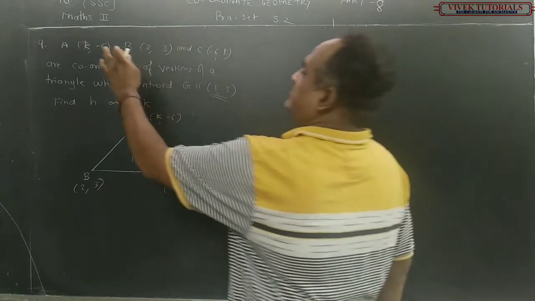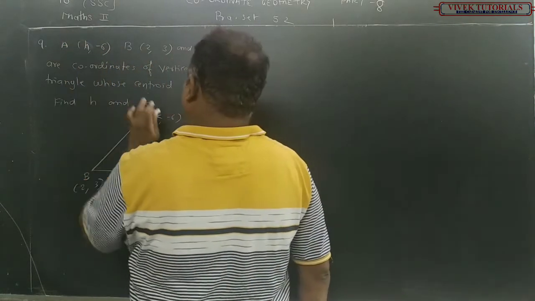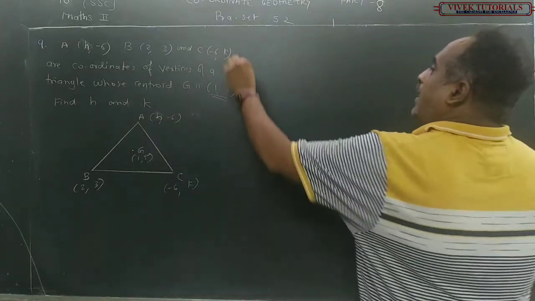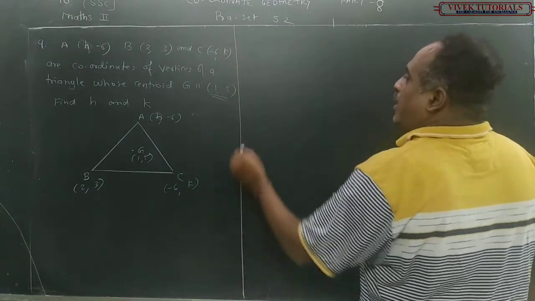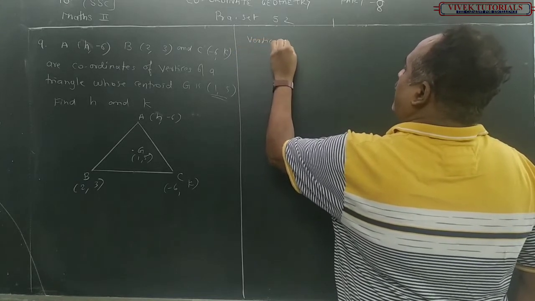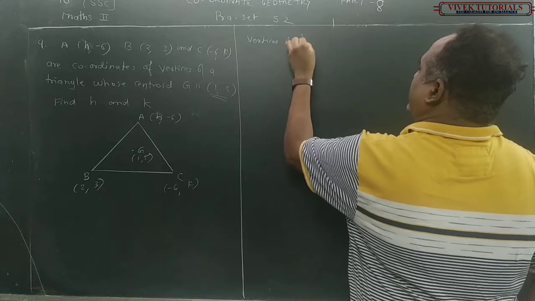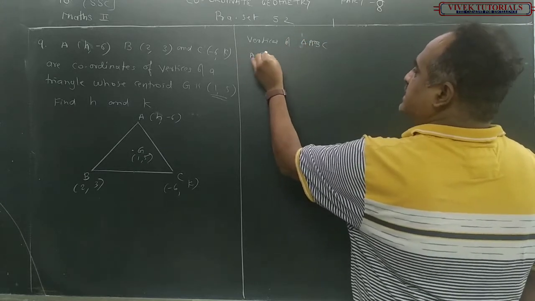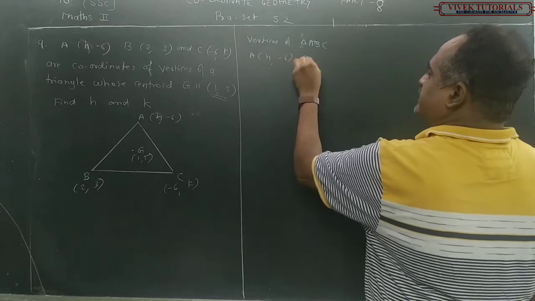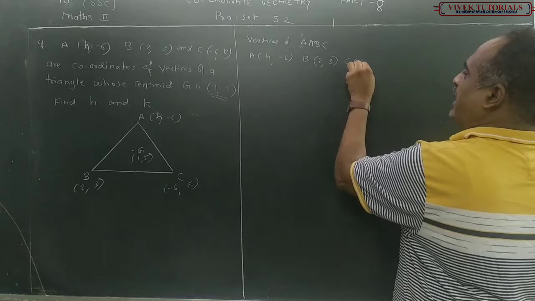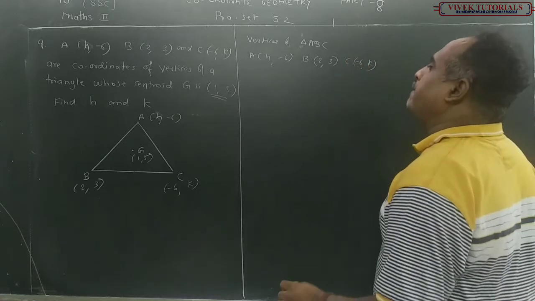Actually, this is h, this one is k. Vertices of triangle ABC: A is (h, -6), B is (2, 3) and C is (-6, k).